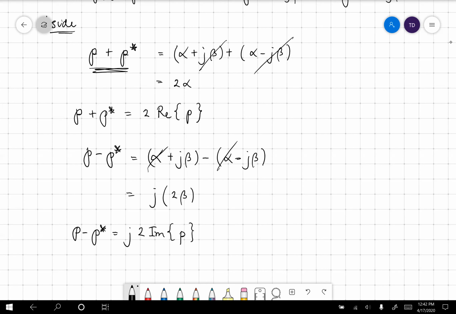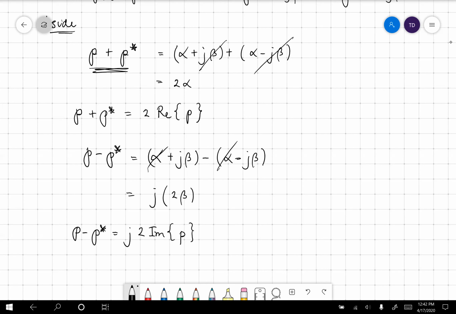So let's assume with me that we have the following, that F of s looks like, in the denominator, I'm going to write it this way, s minus alpha minus j beta, and s minus alpha plus j beta.